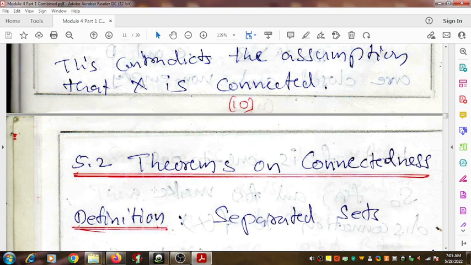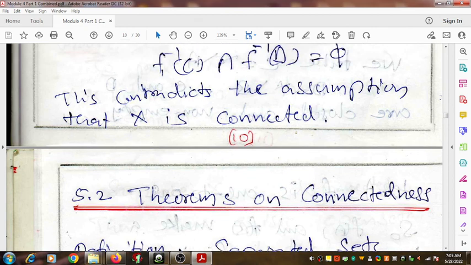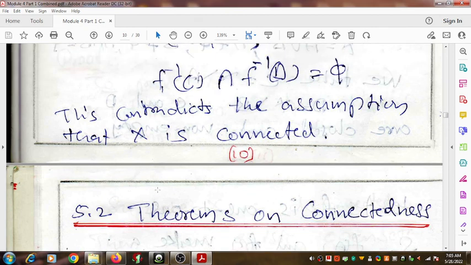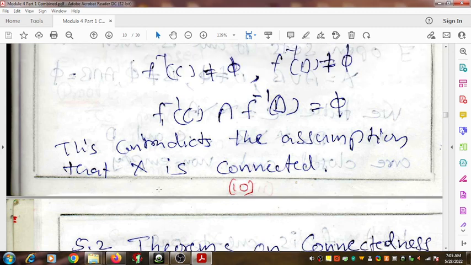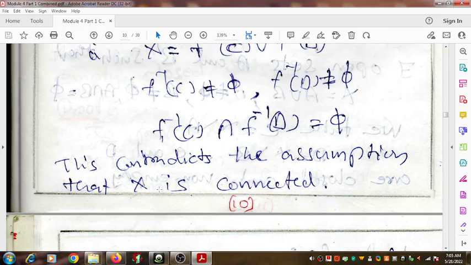Thus we have reached the end of the proof that connectedness is a topological property. The proof is now complete. Okay, thank you.